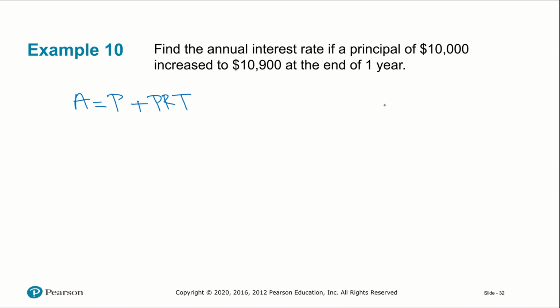Now, if we factor out the P, notice we just get 1 plus RT, right? So on the other side, you have A.